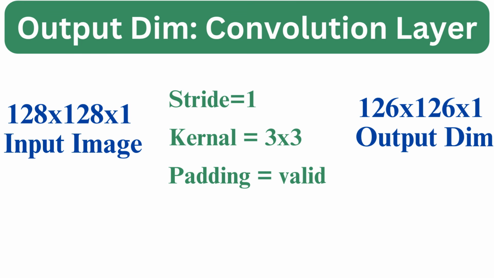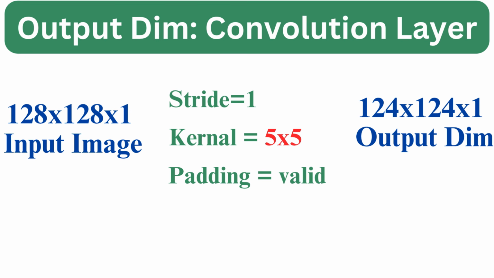Let's take another example. We have an image of 128 by 128 and we have a 3 by 3 filter with stride 1 and no padding. Let's put this into the formula and calculate the output dimension. The output would be a 126 by 126 matrix.